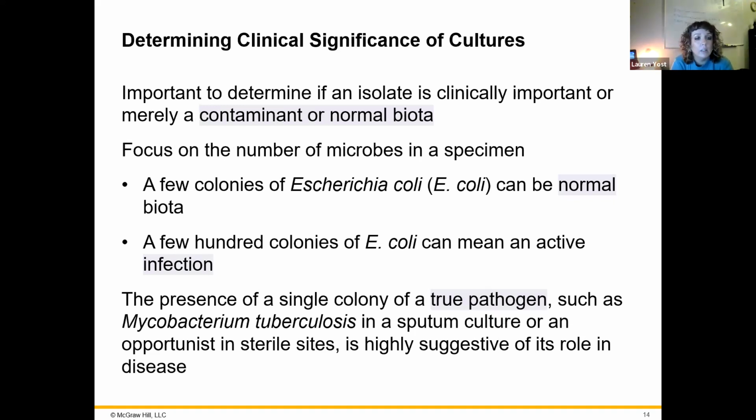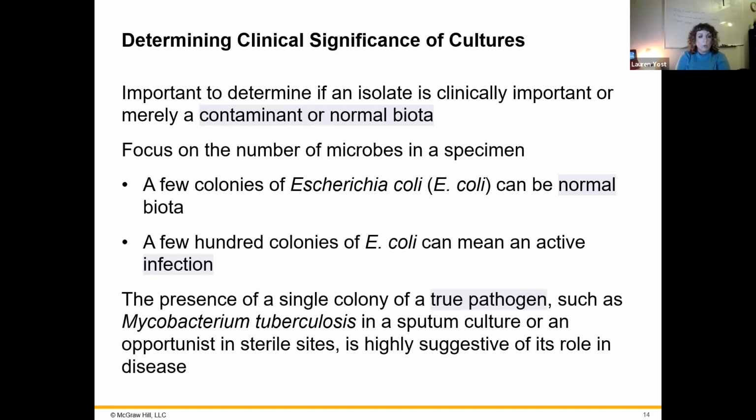All right, clinical significance of cultures. We want to determine, okay, so let's say you take a sample from a patient and you get some growth, and you want to know if this is just a contaminant or if it's normal biota or if it is actually clinically important.